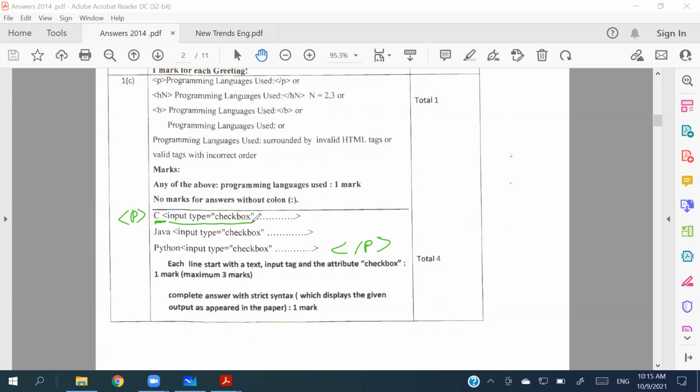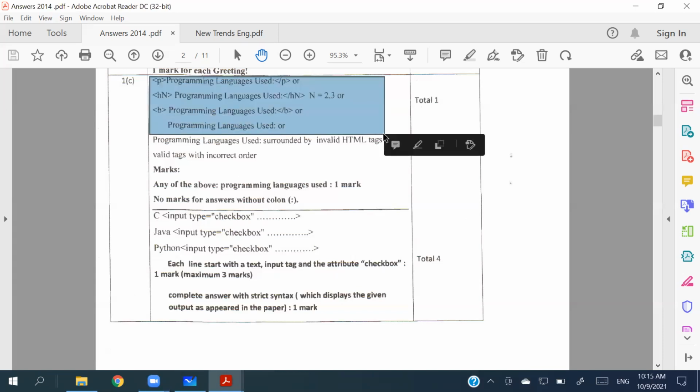And when it comes to radio buttons, the names are going to be identical. And when it comes to checkboxes, the names are going to be different from each other. But for this marking scheme, they are not considering those, so you can take the marks. Having the programming language in any of these forms, you can have 1 mark, right?